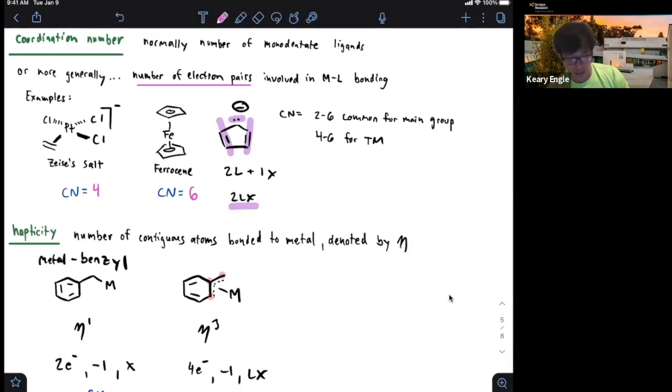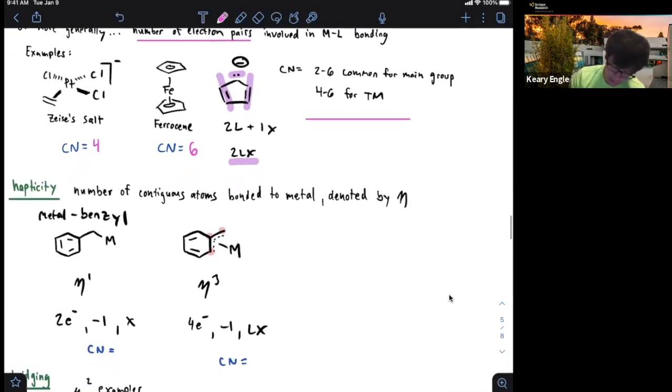A general trend that is highlighted here is that coordination numbers of 4 to 6 are generally common for transition metals. And this stands somewhat in contrast to main group elements that have coordination numbers that can go as low as 2 and as high as 6.